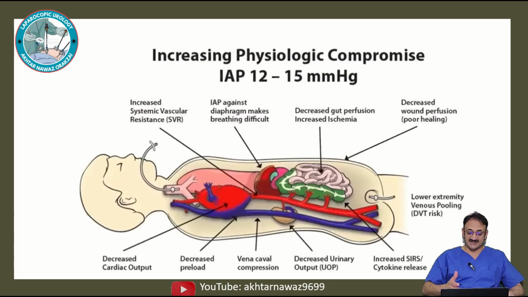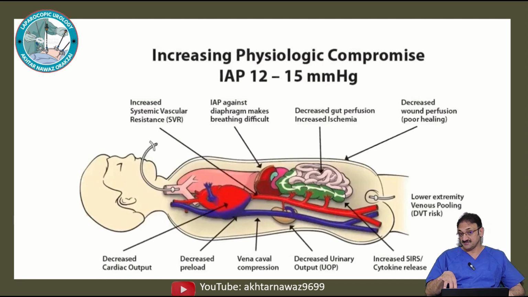So you can see lungs. So you can see that there is an increased systemic vascular resistance. There is an increased intra-abdominal pressure, which is against the diaphragm. It makes breathing difficult. Decreased gut perfusion, decreased wound perfusion leading to poor wound healing.